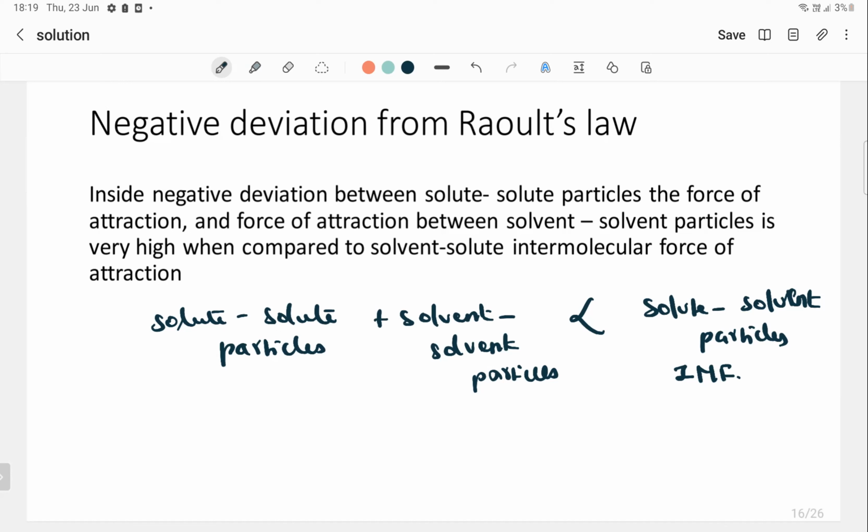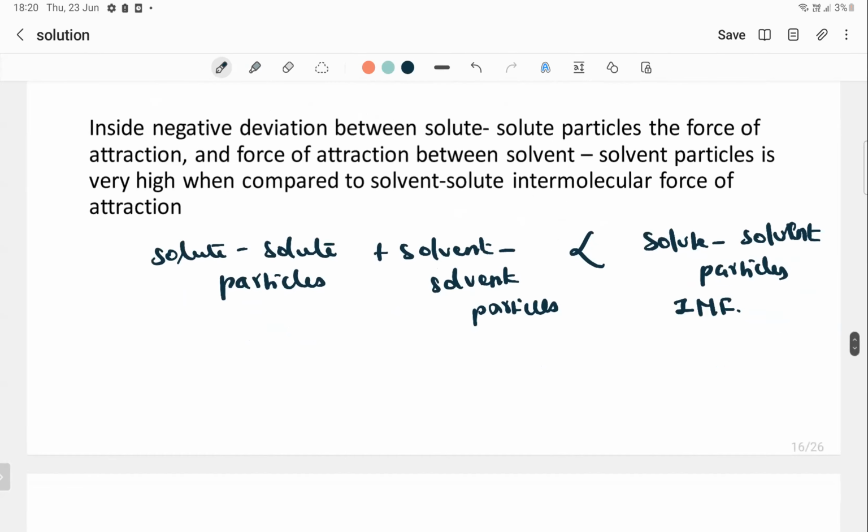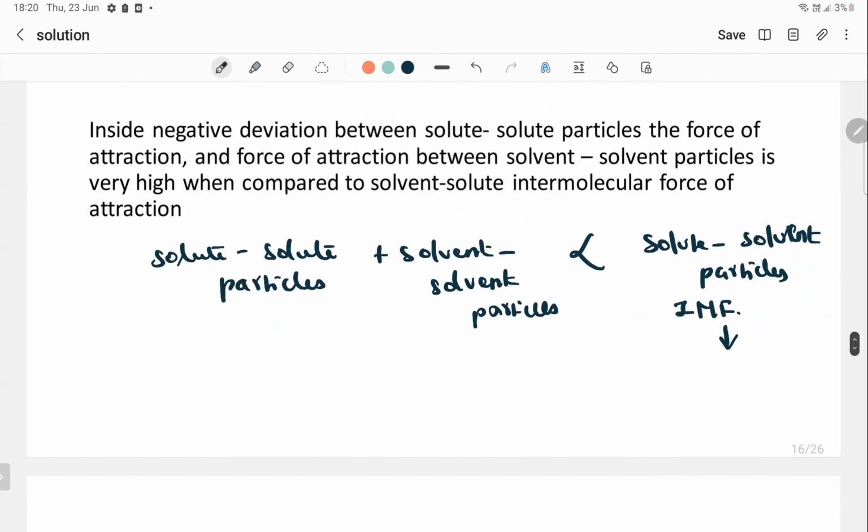Because of the weak intermolecular force of attraction, what about its vapors? Easily it is forming vapors. More number of vapors form, and more vapor pressure is exerted. Clear? So here, what about the vapors formed? Less vapors will be formed here, and less vapor pressure will exist here.